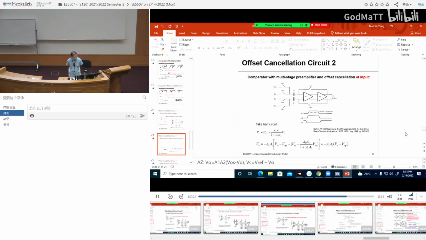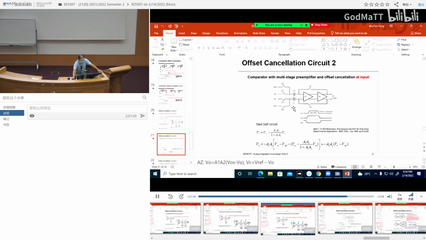Okay, one more example of a circuit. I have 2 preamp, P1, P2. 2 preamp stages. And now, what am I doing? Even though I have 2 preamp, I use only 1 storage capacitor at the input here.